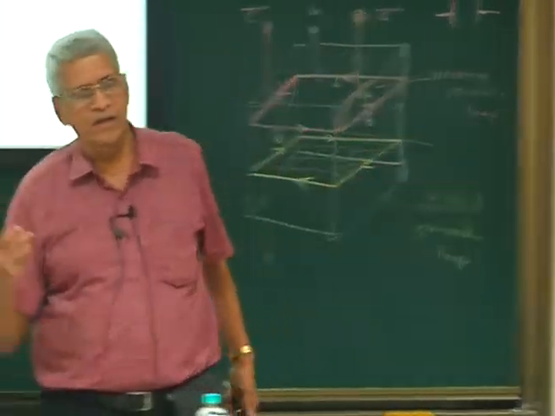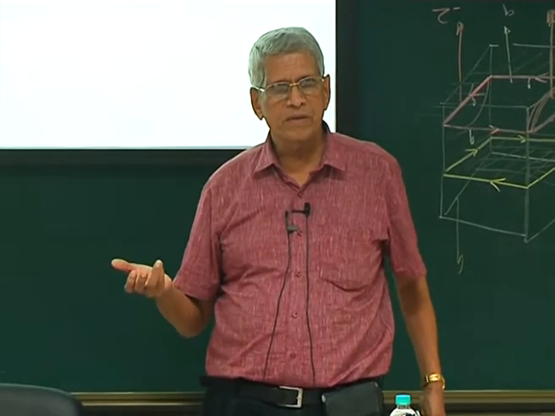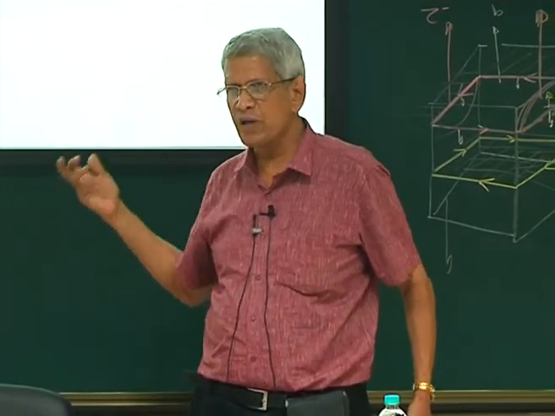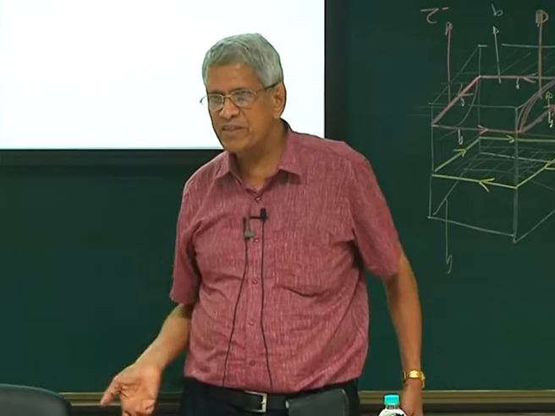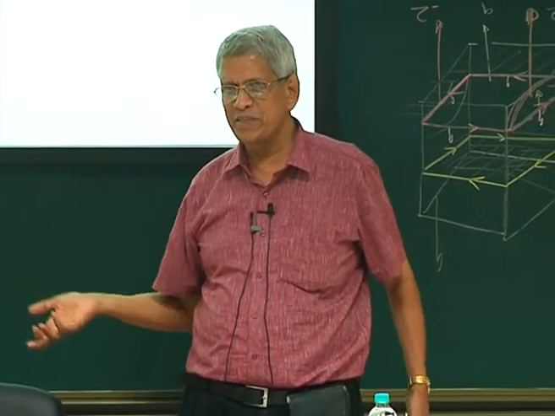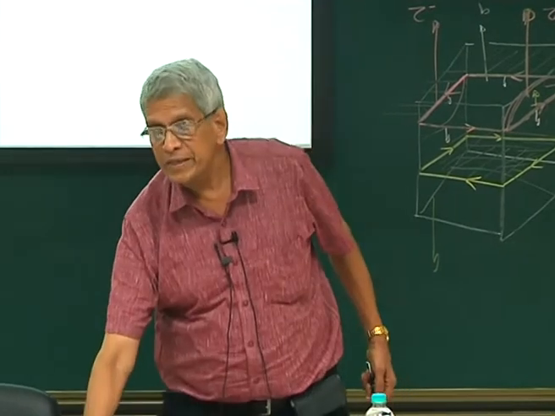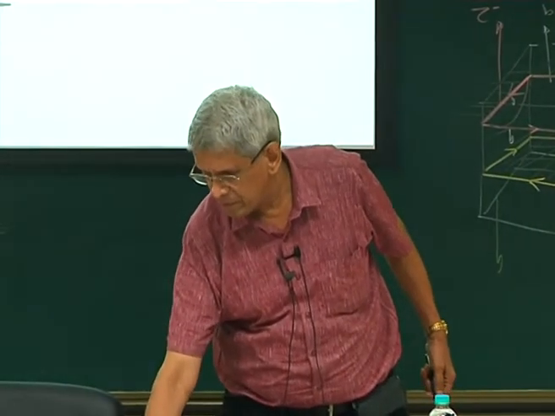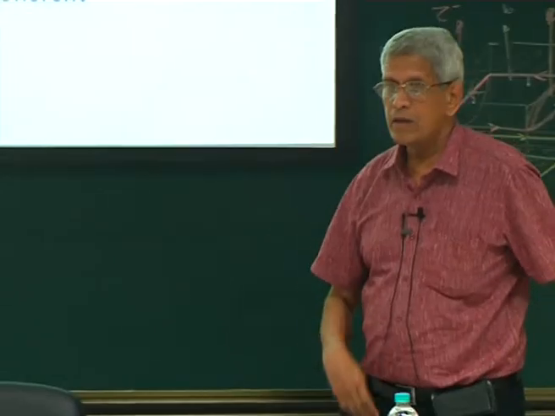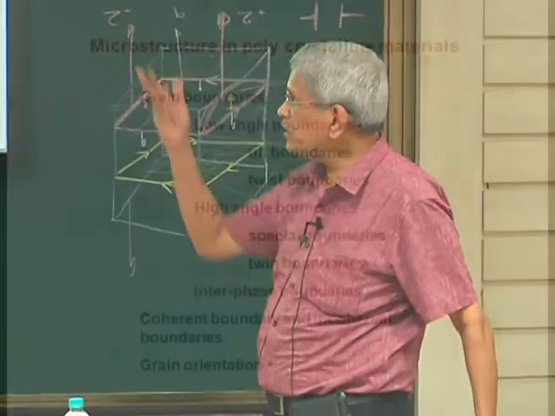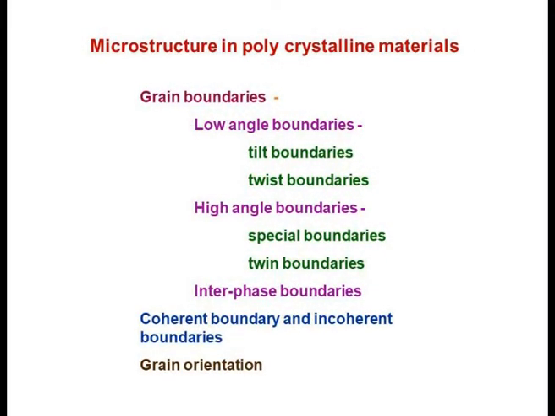When the material is being deformed, the dislocations have to interact with all these defects. This itself can generate dislocations, and also changes the mechanical behavior of the material. But if you take a polycrystalline material, in addition you have grain boundaries.